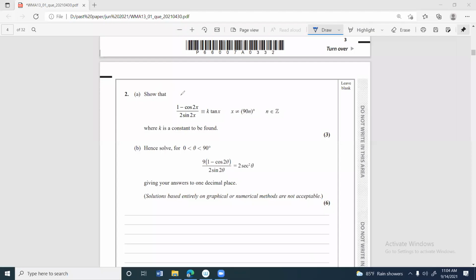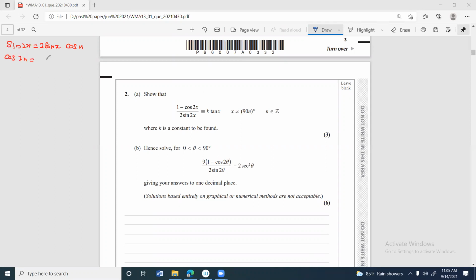Okay, children, the next case is show that (1 minus cos 2x) over 2 sin 2x equals k tan x. You need to write cos 2x and sin 2x in terms of a single angle. So the respective theories you need for this question: you know that sin 2x is 2 sin x cos x, and for cos 2x you have another set of formulas.